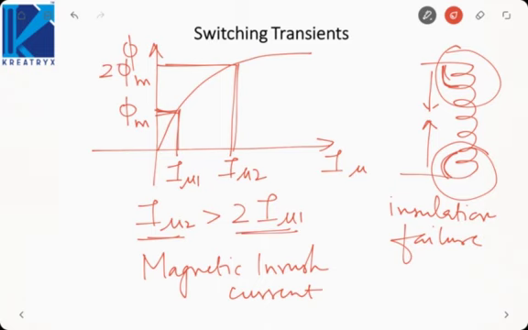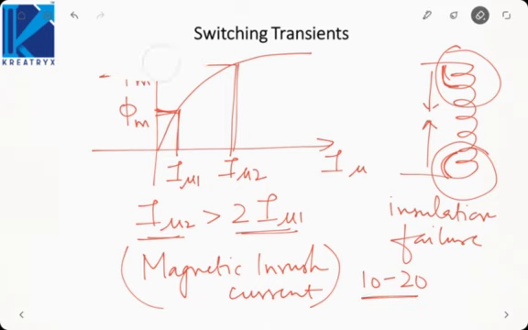Flux gets doubled, EMF also gets doubled. That is called impulse EMF, and high flux requires a high current from the primary, which is called magnetic inrush current. So inrush current is a transient current of a very high value that flows in the primary winding that can also damage the winding. It is almost 10 to 20 times the full load current.